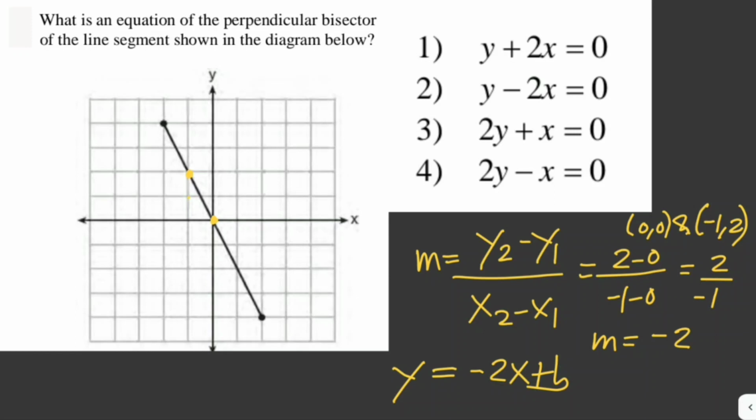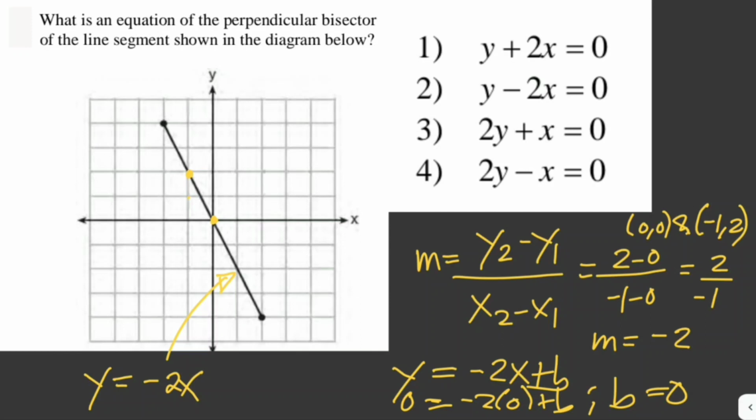Then we can plug in one point. Let's say (0, 0). So 0 equals -2 times 0 plus b. So our y-intercept is equal to 0. Therefore, the equation of this line is y equals -2x.